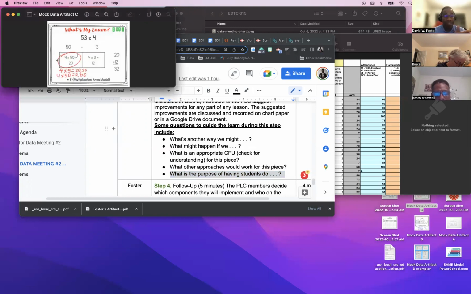Clearly they did it in place value, but they didn't use base 10 blocks. They could have used drawing, actual base 10 blocks, or some other manipulative that represented base 10 blocks, even strips of paper and crumpled up balls of paper, to show a group of 50 plus a group of 3.